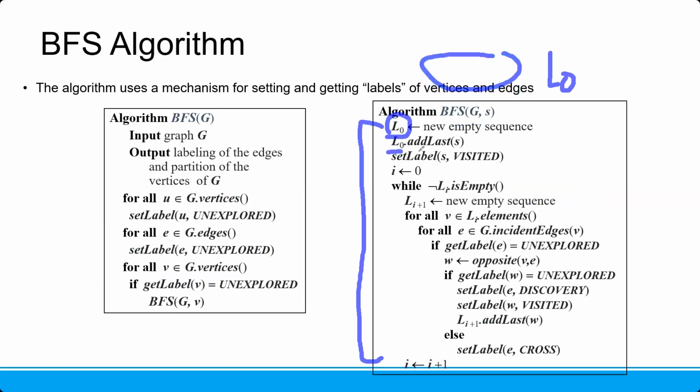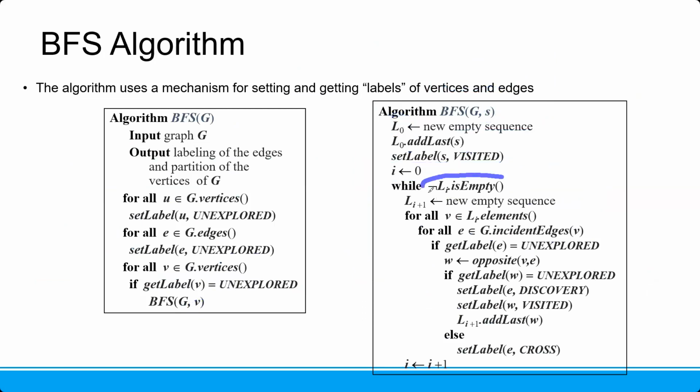And if you go next, we want to add S, where S is the vertex, to L0. L is a sequence, so we can say L is a list. And then we will start with it and set i as zero.